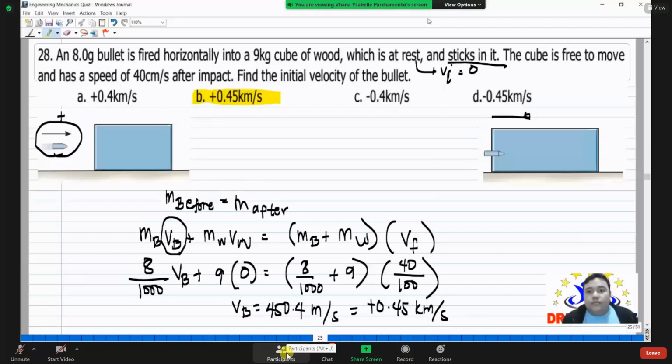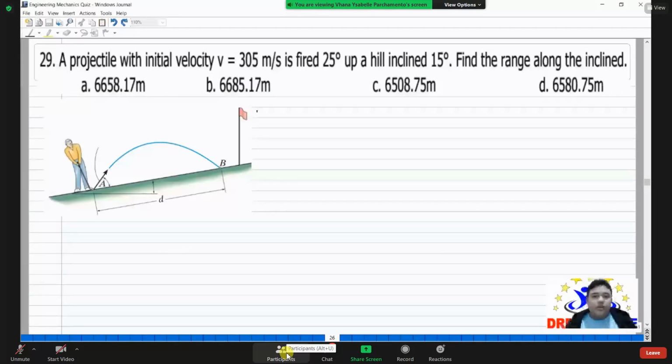Okay. Number 29. A projectile with an initial velocity V, so yung V natin dito is 305 meters per second, is fired 25 degrees up a hill. So, para siyang nasa golf course, inclined 15 degrees. Now, find the range along the incline.